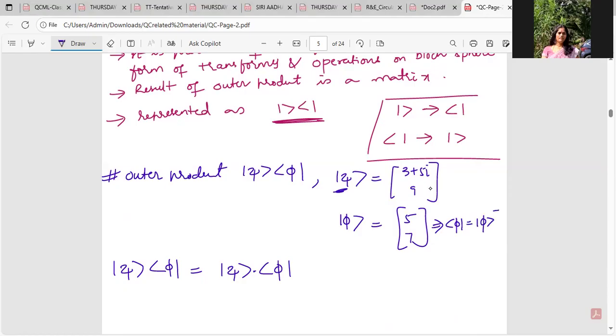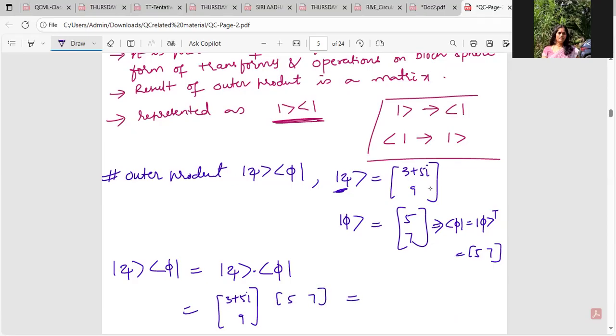It's the conjugate transpose when there are complex numbers. If there are only real numbers, then it is just the transpose. I'm sorry. Okay. So just see here. Once I rewrite like this, things become very simple. 3 plus 5i, 9. I'm just considering ket xi as it is. It's the dual of ket phi. So I'm considering the conjugate transpose, just the transpose, because I have only real numbers. I think I am clear and I'm not confusing.